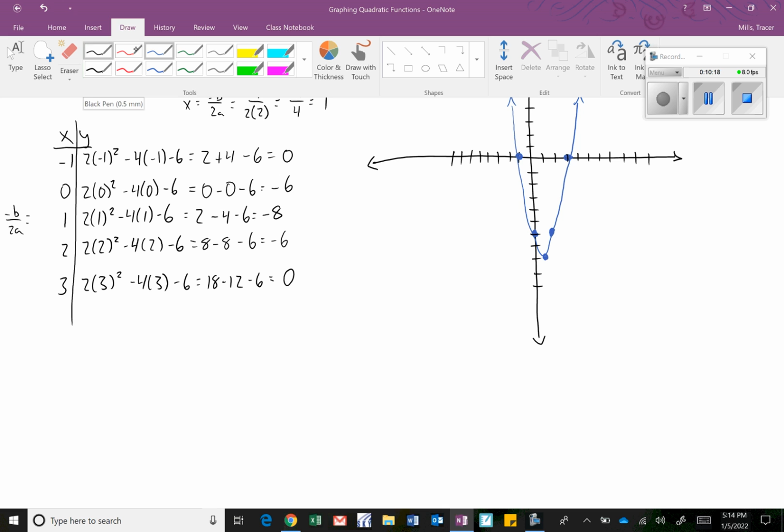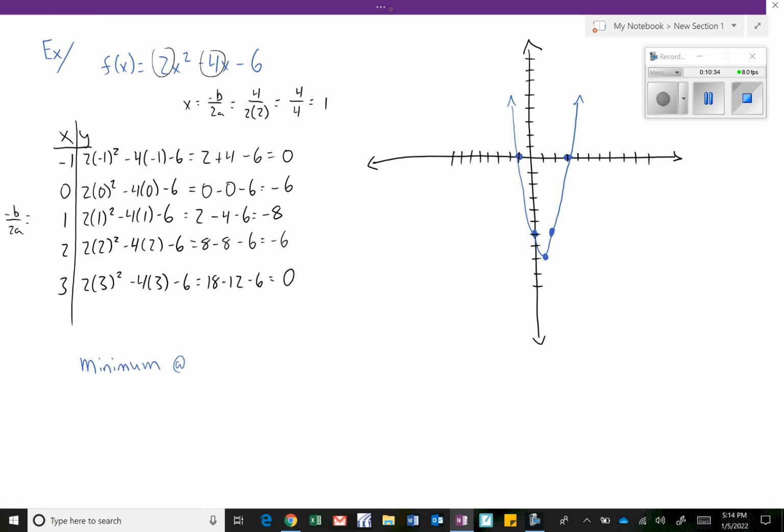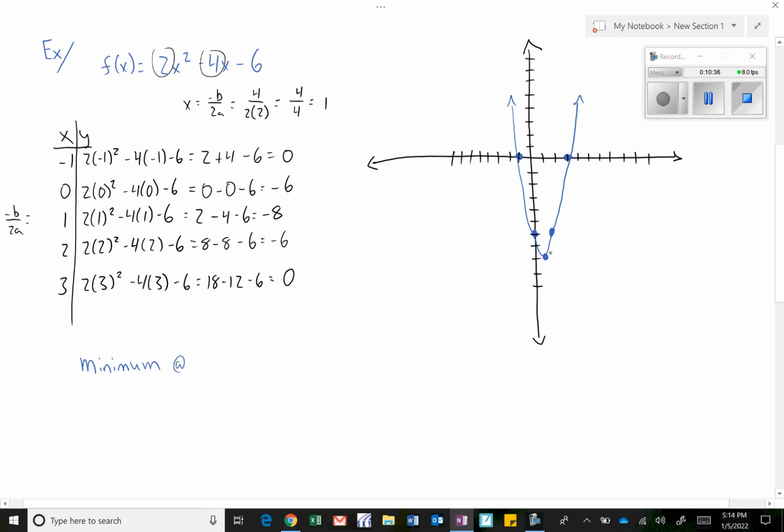And so what that means is this quadratic has a minimum at whatever this lowest value down here is. So on our quadratic, our two arrows go up towards positive infinity forever, which means that this bottom point is our vertex, right?